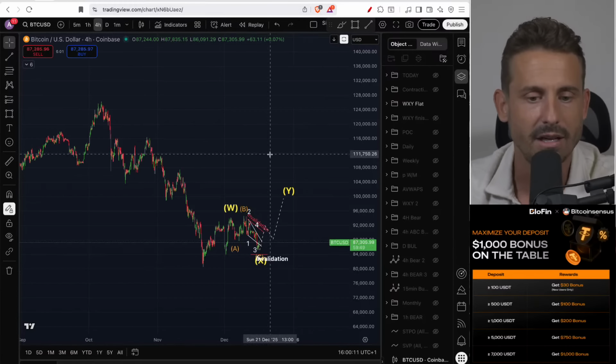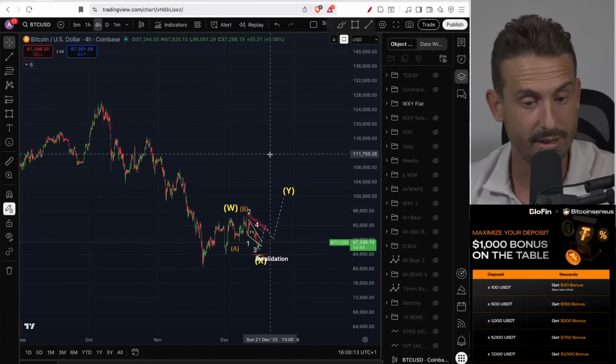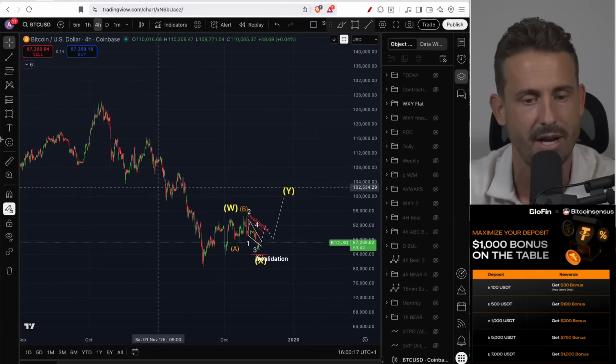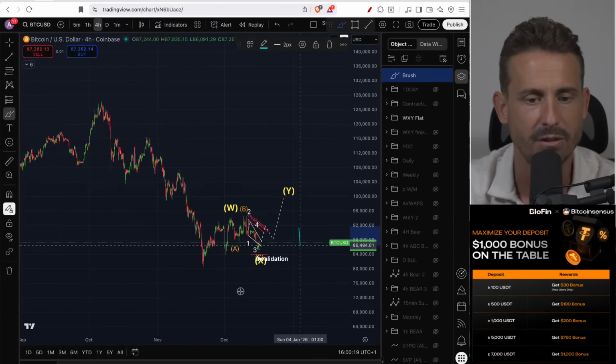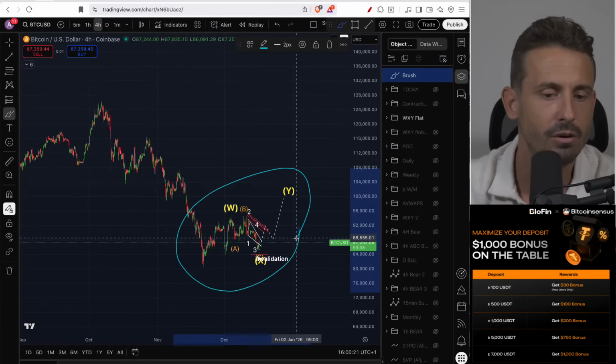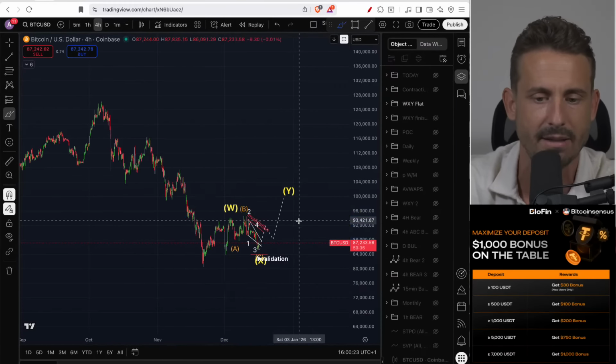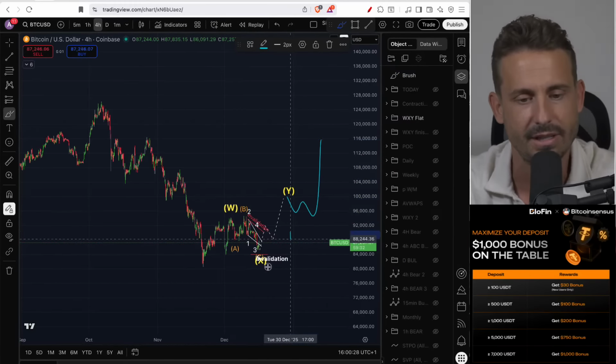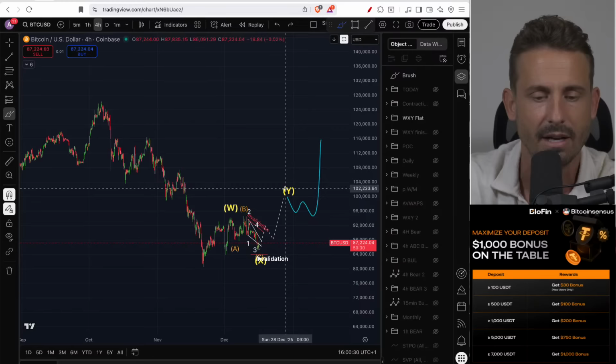So on the higher time frame, we still have that internal bullish case scenario, which is bearish at the end of the day, because a WXY is a corrective structure. You would not expect the price to go to higher levels after a correction here. This is literally a finished double zigzag.